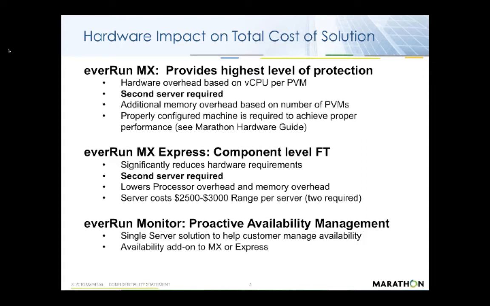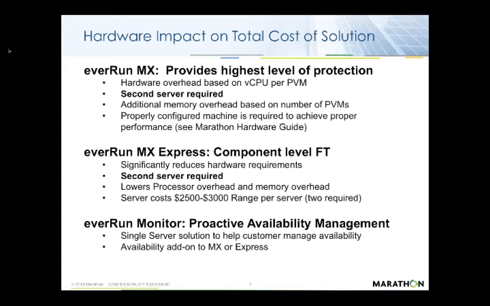There will be a second server required for this as well, but we're lowering the processor overhead and memory overhead. Typically, you can get into a server that's going to support this type of configuration in the $2,500 to $3,000 range per server, and there'll be two required. So, if the customer has that amount of dollars in the budget combined with the software costs, then we've got a solution for them.